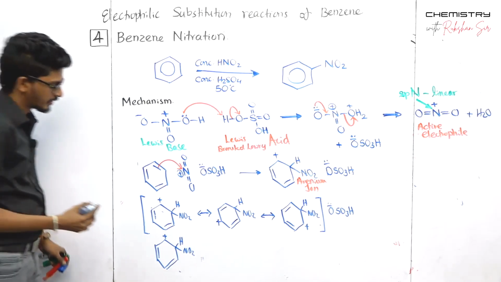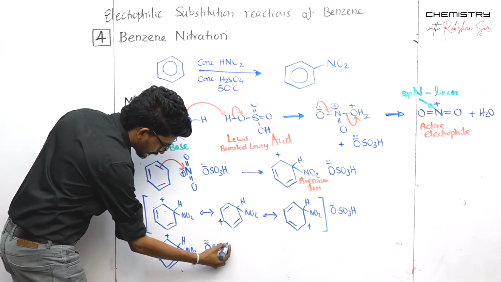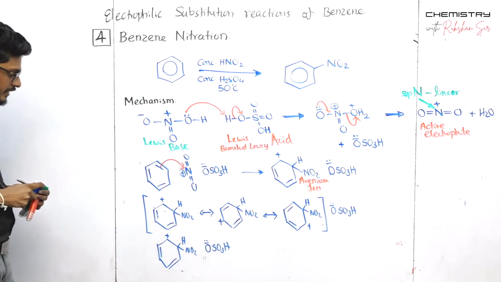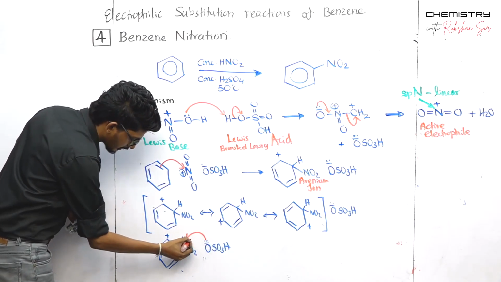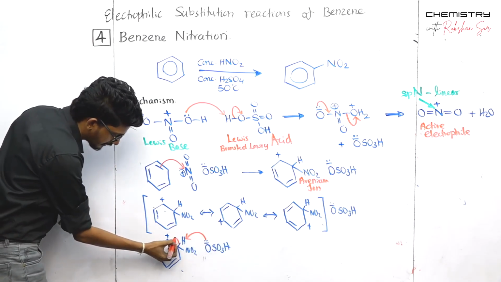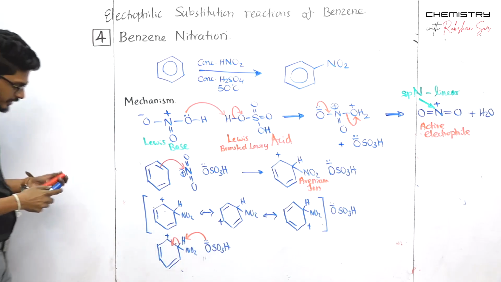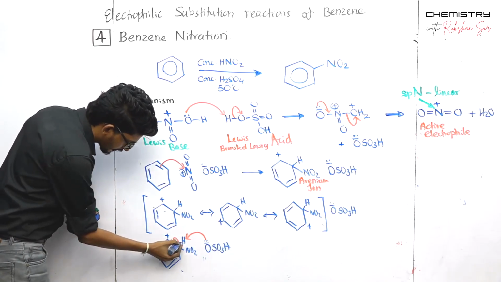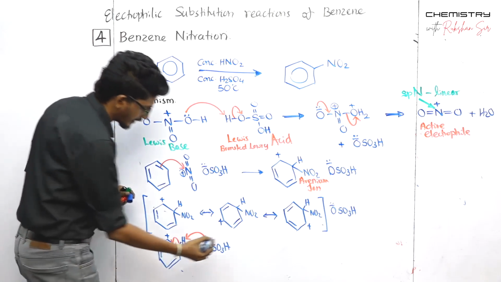So you have the OSO3H minus, O minus SO3H, that will grab your hydrogen again to create the catalyst again. So that hydrogen will leave these two electrons to the ring, so that the benzene ring can be created again.